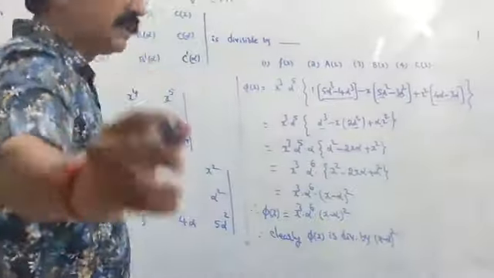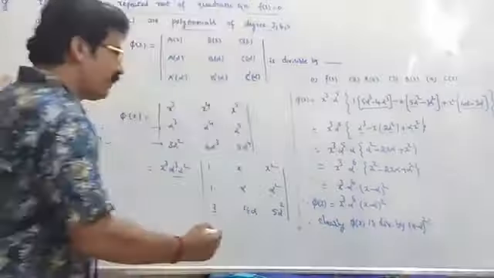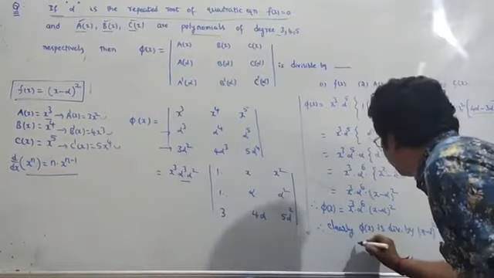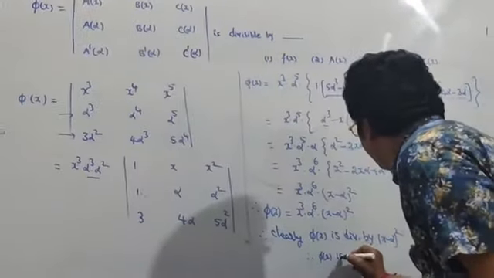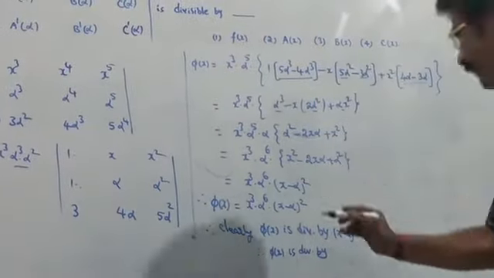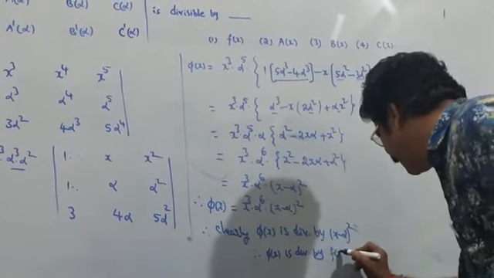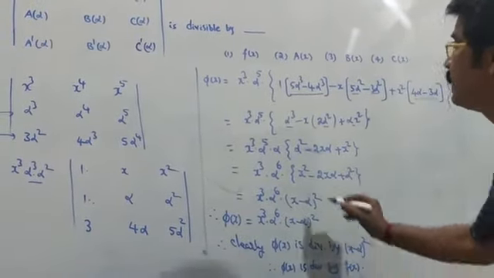But x minus alpha whole square is what? F of x. Therefore phi of x is divisible by f of x. Divisible by f of x. Hence the problem. So which option is right?